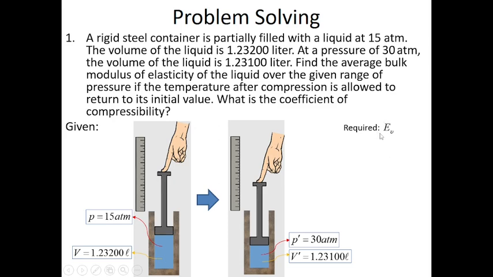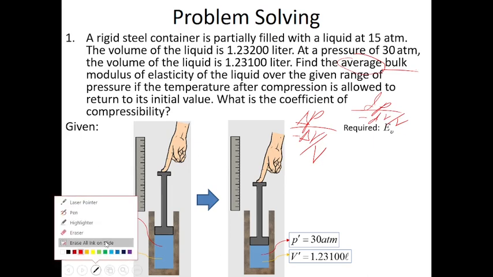So, the average bulk modulus of elasticity is this: for the average, we use the delta, delta P over negative delta V over V. Delta is the symbol because it is an average. For the instantaneous, it is dP over negative dV over V, the instantaneous bulk modulus.